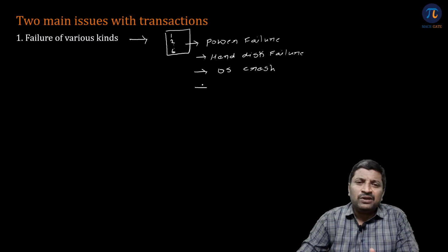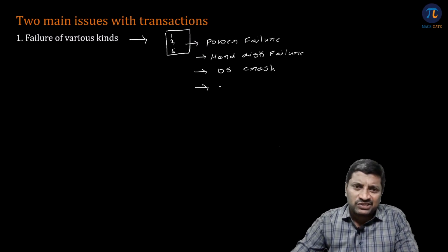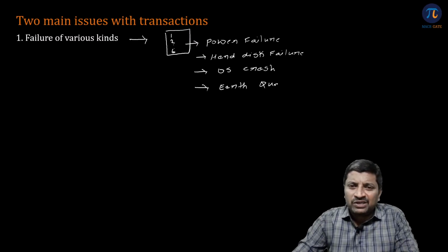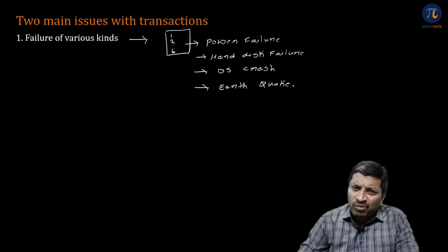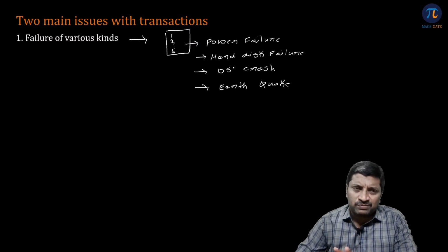Not only this, sir, you can have general disasters like an earthquake, then the server may lose the entire database. Like that, we can have any natural disasters also. So there may be so many failures. That is the first problem we are having.